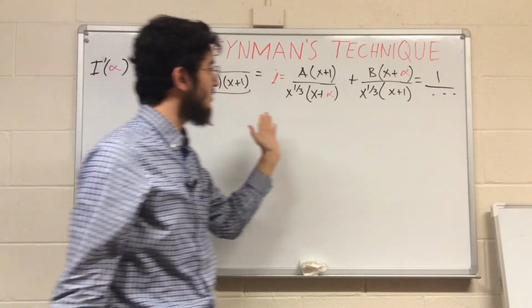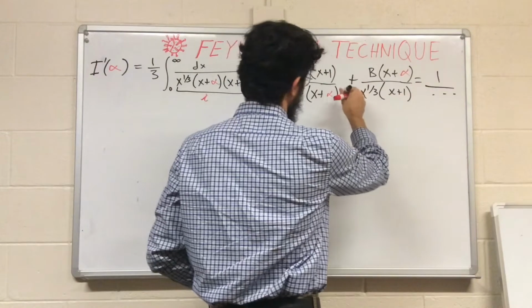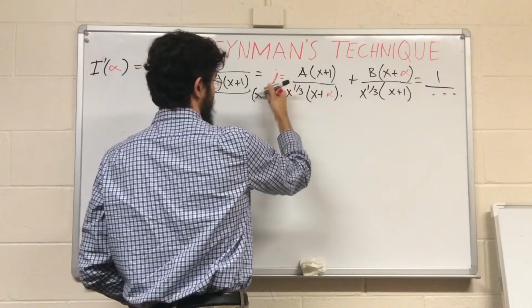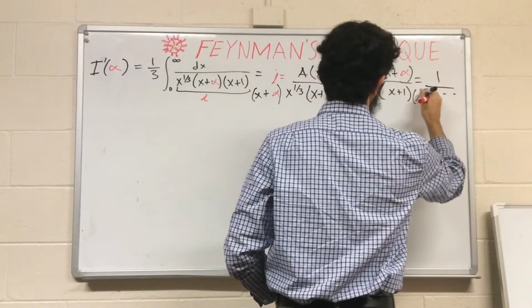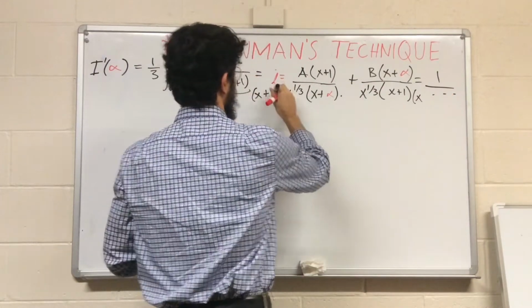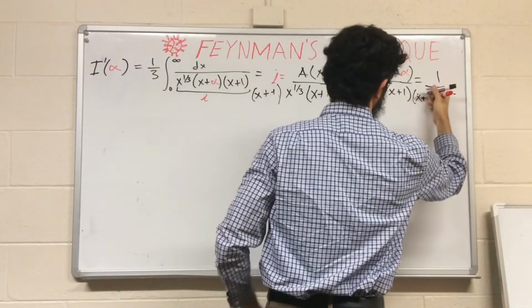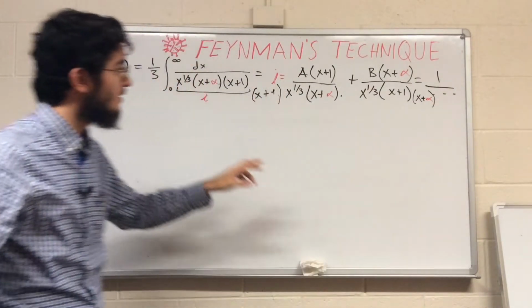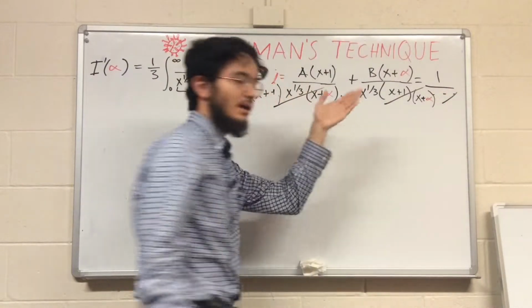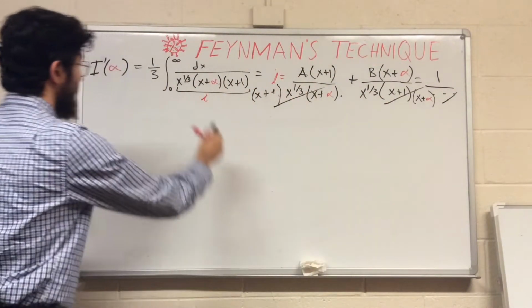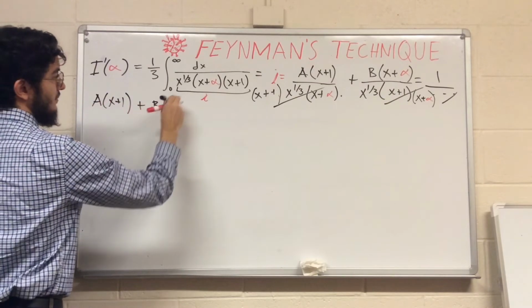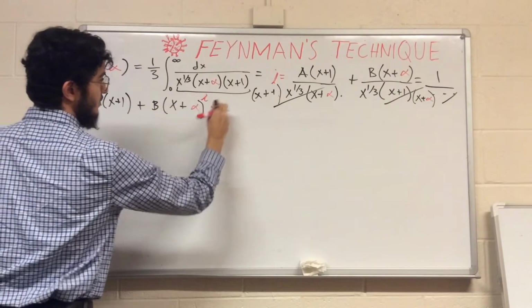And so if we do the same thing on the bottom, this over here has to be multiplied by x plus alpha, and this over here has to be multiplied by, I'm sorry, the other way around. This has to be x plus 1, and this has to be x plus alpha. Okay. So in that case, the denominators cancel out, so we end up with a times x plus 1 plus b times x plus alpha, equals 1.